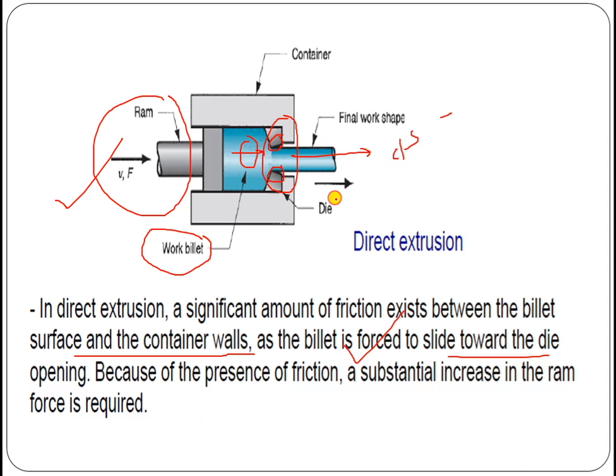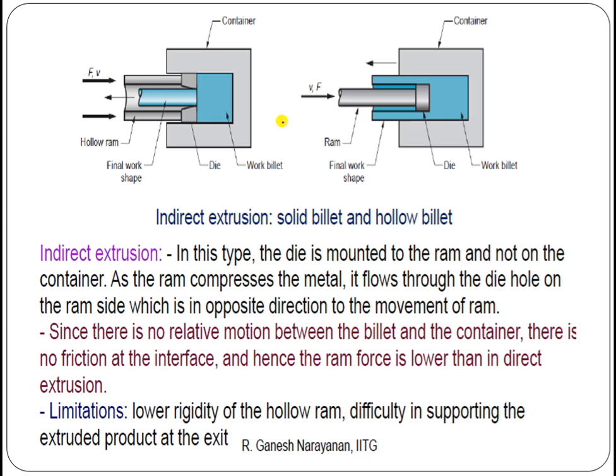This will be pushed, as well as pulled, due to the tensile force acting here. Whenever it comes out through this die opening, it will take the required shape and size as per the cross sectional requirement, and extrusions can be made as per the required shape and size.